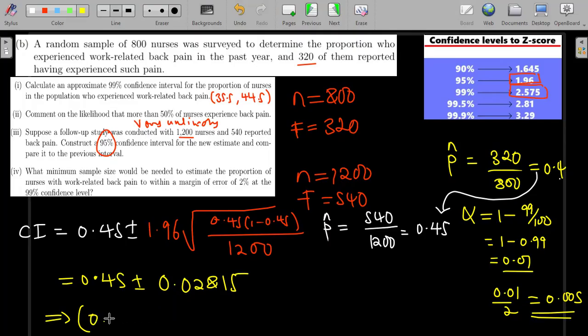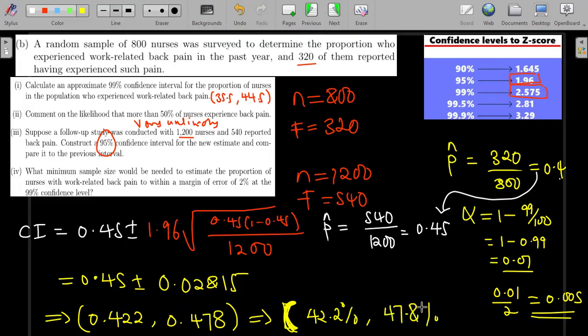So I get 0.422, comma, and then this number plus this, I get 0.478. I can write this in terms of a percent. It will be 42.2%, this has to be a curved bracket, and then comma, 47.8%.